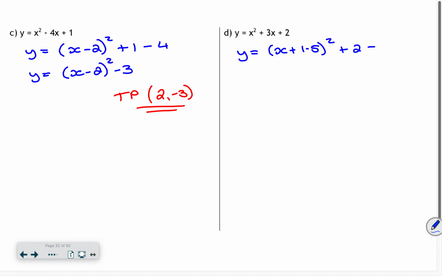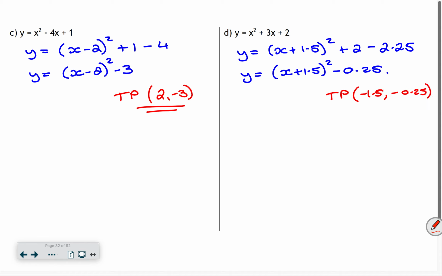So 1.5 squared is going to be 2.25. So that gives us y is equal to (x plus 1.5) all squared. 2 take away 2.25 gives me minus 0.25. Therefore, we have the turning point to be (minus 1.5, minus 0.25). Okay? That is completing the square.